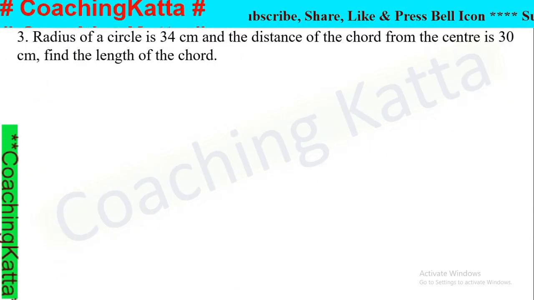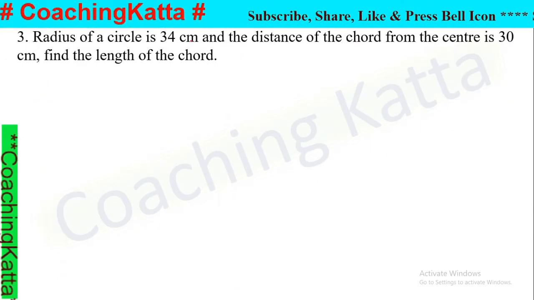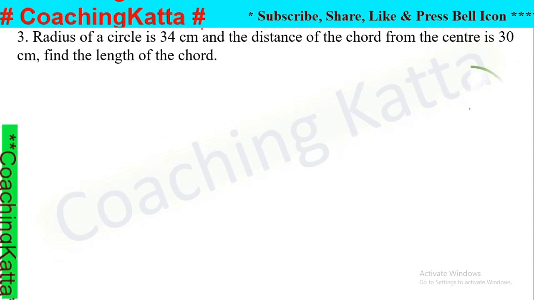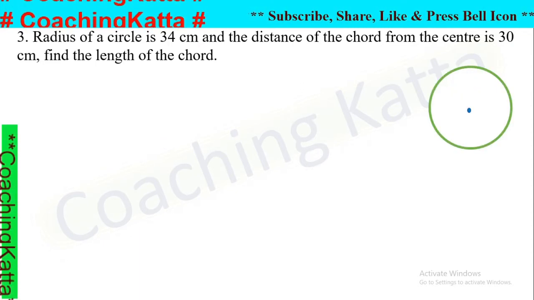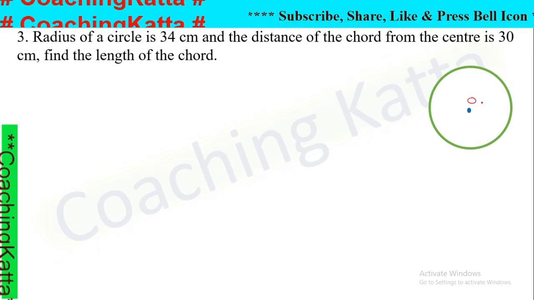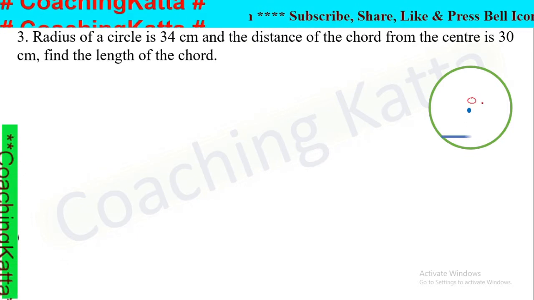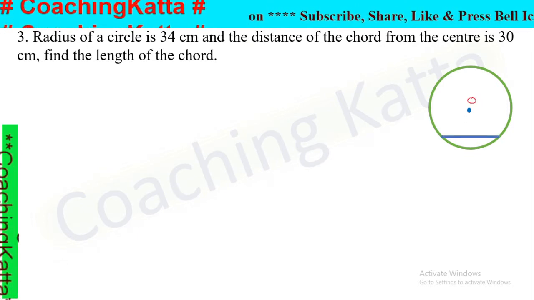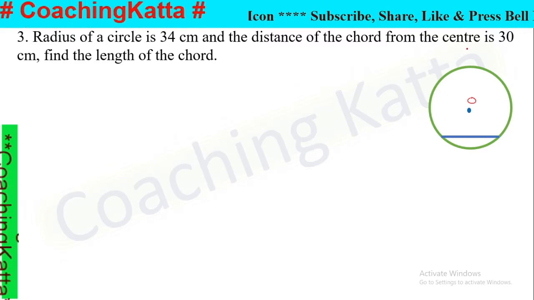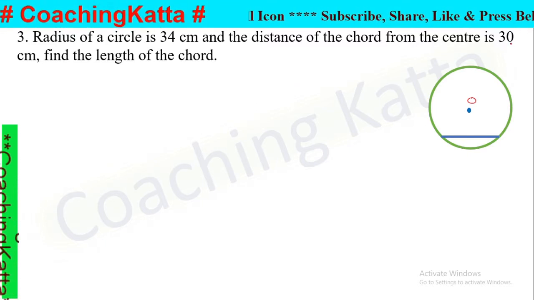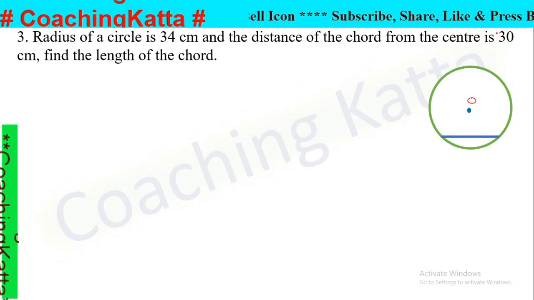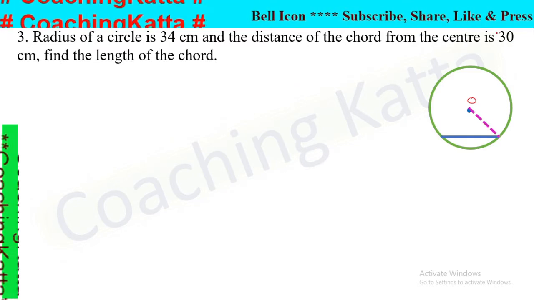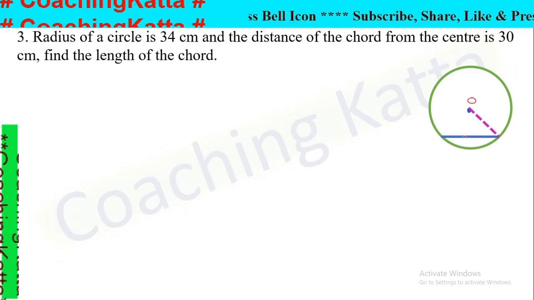Next example, radius of circle is 34 centimeter. So this is the diagram with center O, and radius is given, chord is given. Distance of chord from center is given as 30 centimeter, and radius is also given, it is equal to 34 centimeter.